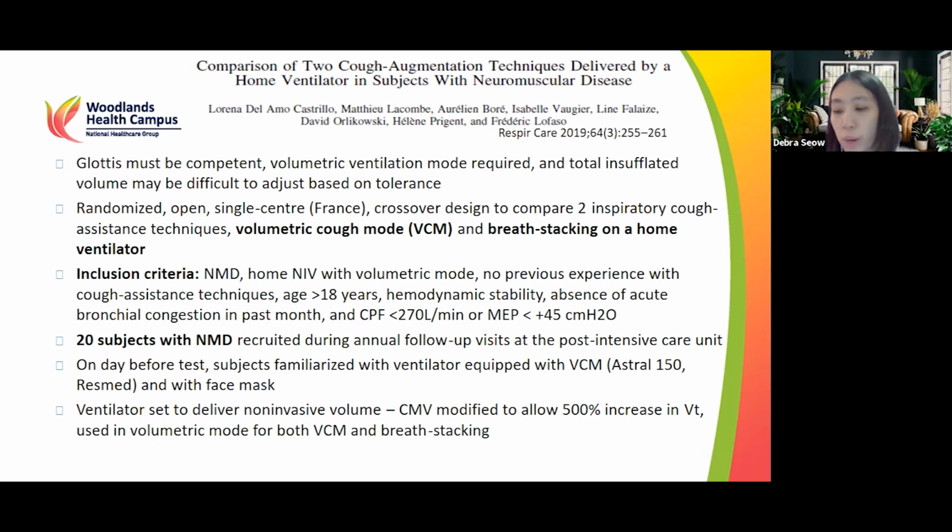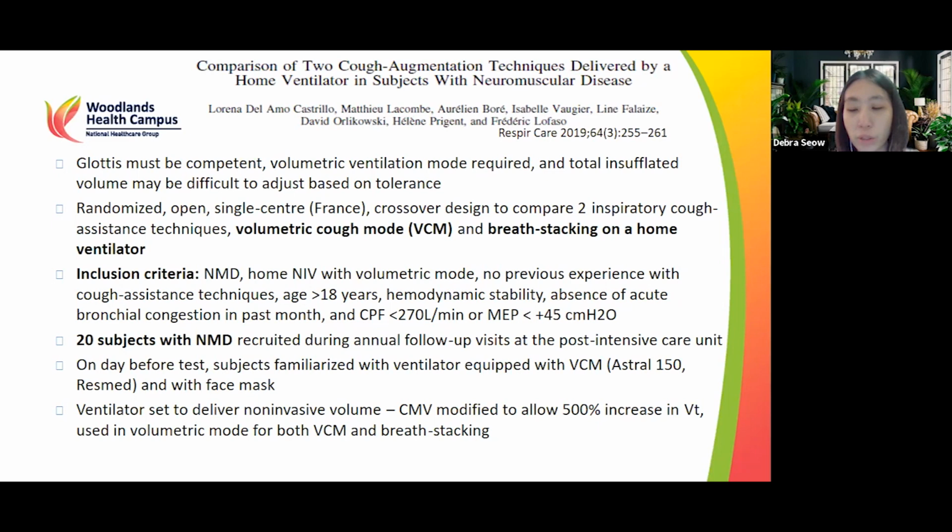For breath stacking itself, they did the usual breath stacking on a home ventilator. They instructed the subject to perform consecutive inspiratory hold insufflations until the lungs felt fully expanded, producing a stretching sensation across the chest, or until the insufflation pressure plateau was about 50 cm H2O. The first exhalation after the augmented insufflation was used to cough.